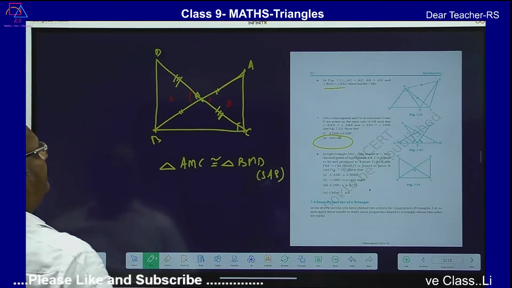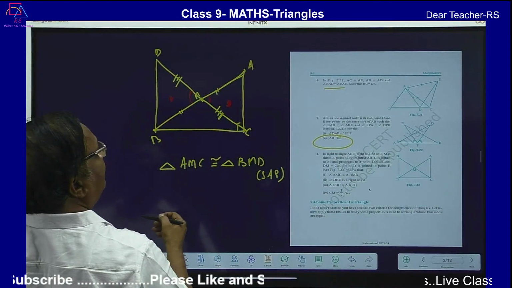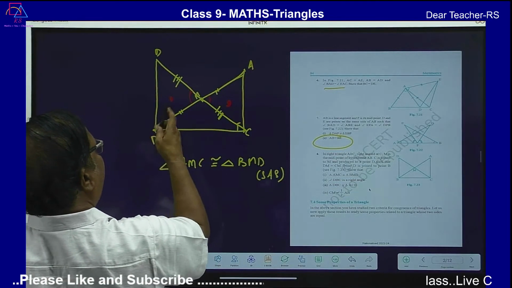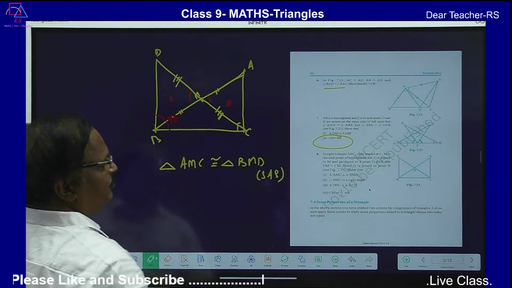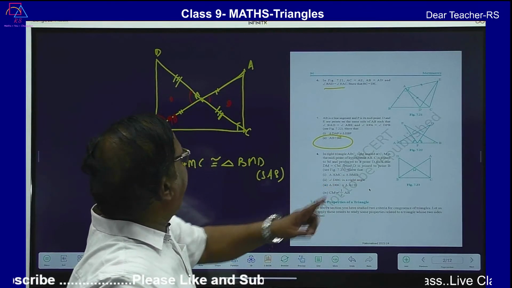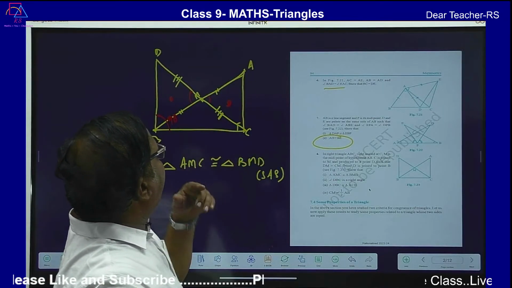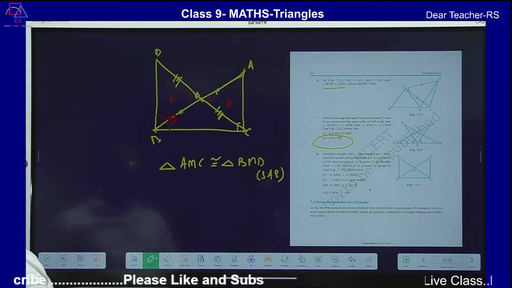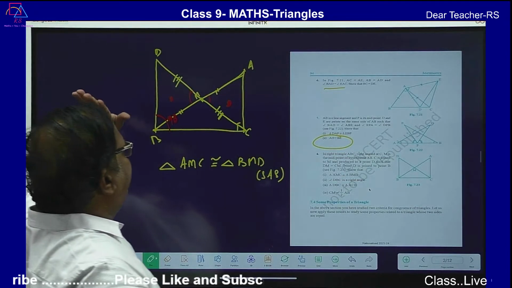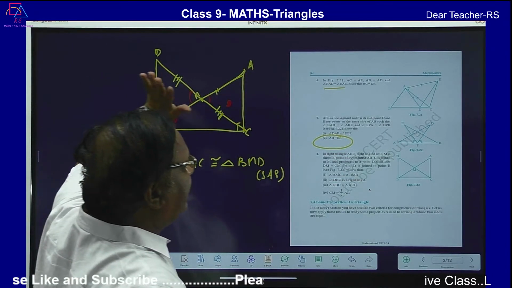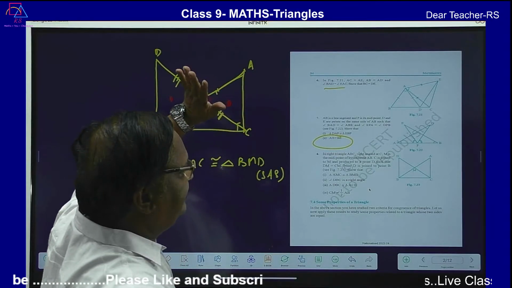So then we have to prove that this entire angle is 90 degrees. Angle DBC is 90 degrees, that we have to prove. Okay, so that is our target. Now what else is given here? Nothing is given.